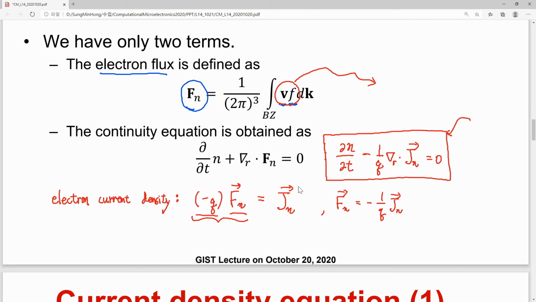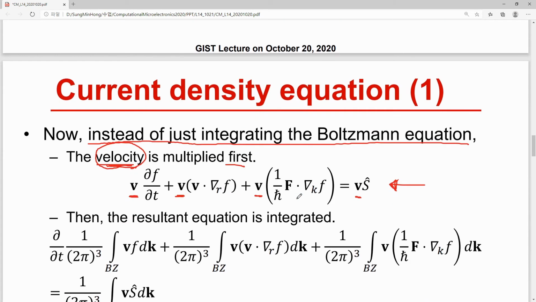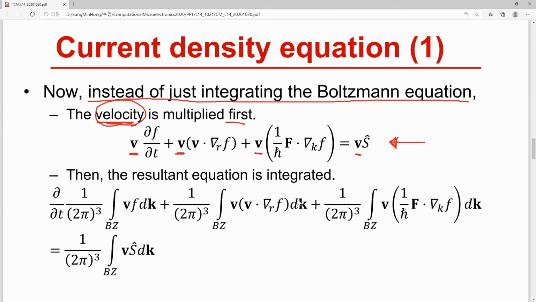The v f term is of our interest, so that's the reason why we multiply this v into the Boltzmann equation, and after that just take the integration.